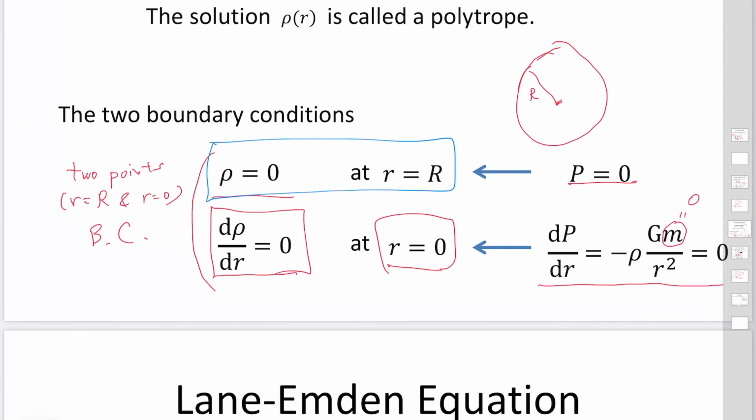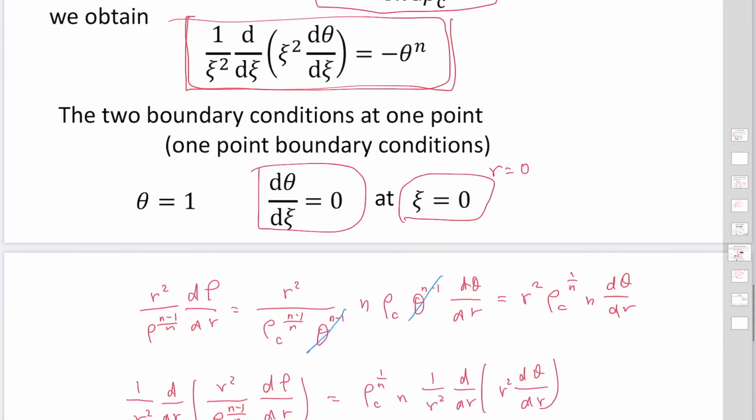We considered the density to be 0 at the surface of the star, but by introducing theta, at the center theta is 1. So this is quite a big difference between the last case and the present case, because this is a 1 point boundary condition. 1 point means r equals 0.